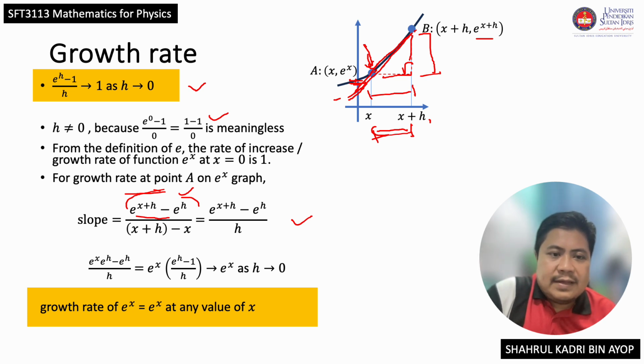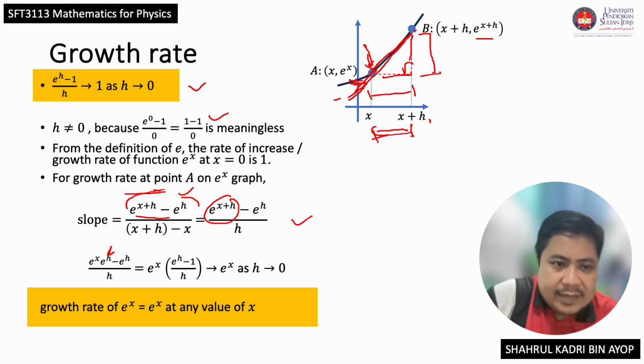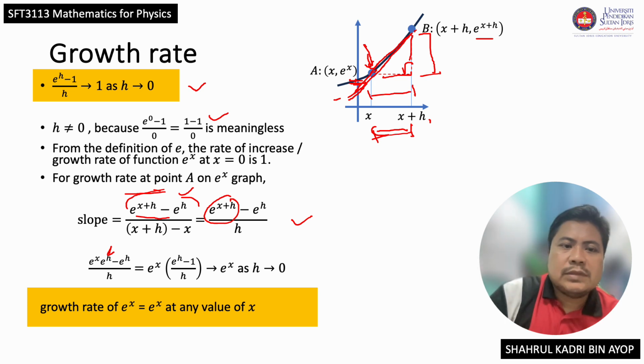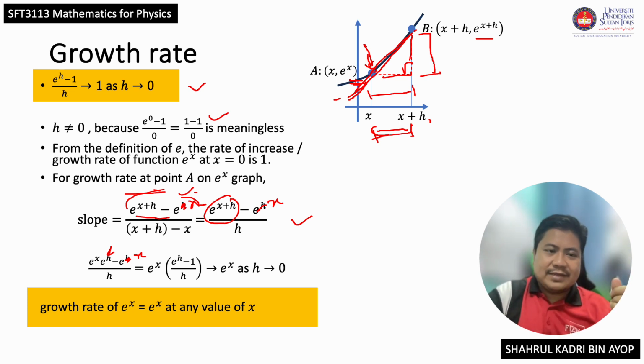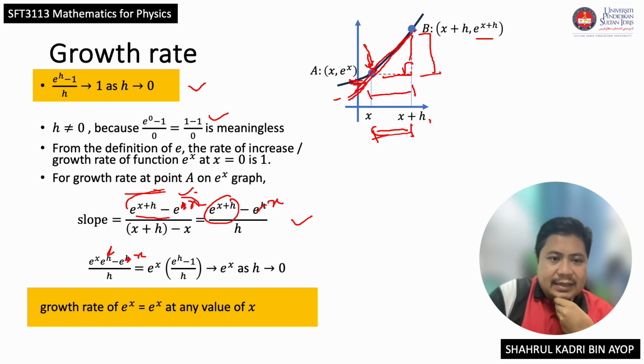From here we can expand this exponential power, and separate it as e power of x and e power of h. And then let us factorize. Oh, I'm sorry, I have made some mistakes. This is actually x. This is x, this is x, so that we can factorize e^x outside. Then we get here.